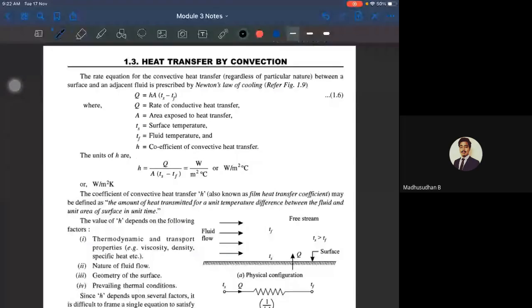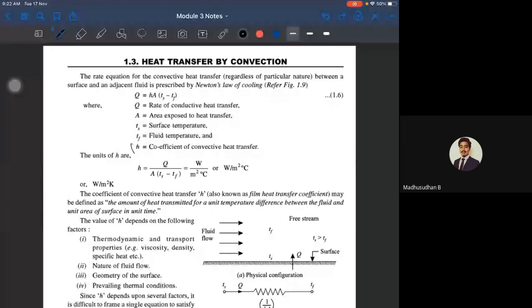A is the area exposed to the heat transfer, Ts is the surface temperature, Tf is the temperature of the fluid which is flowing, and h is the coefficient of convective heat transfer. A long name, but you can shorten it as coefficient of heat transfer.